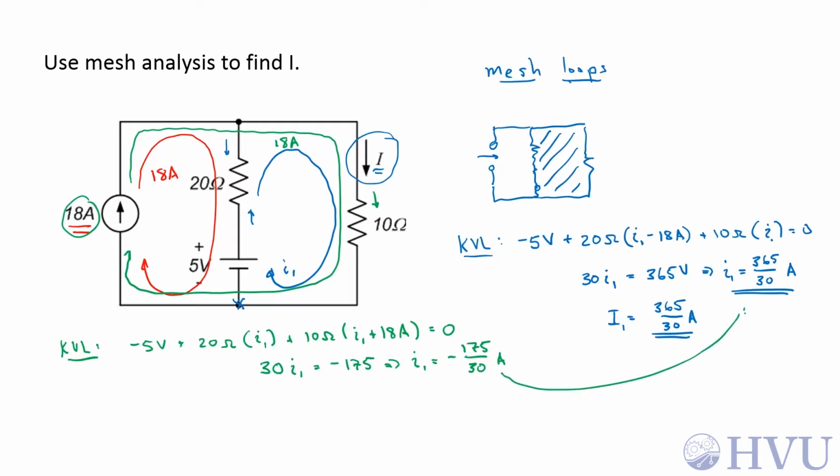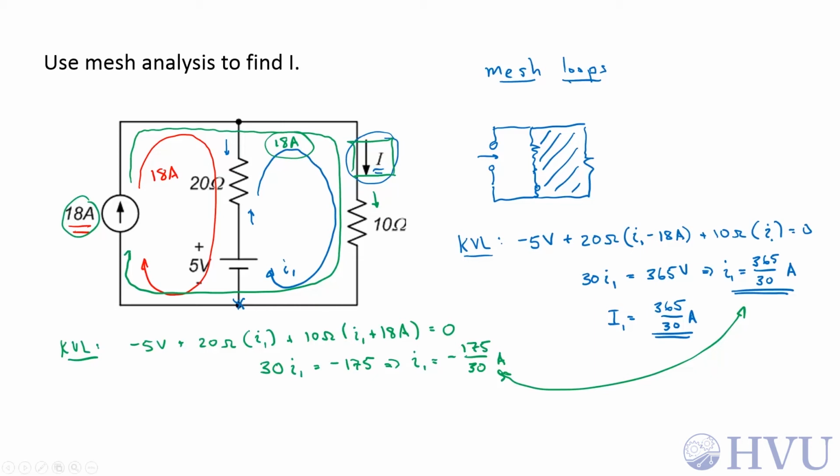I've got a different mesh current than I had before, but the mesh currents are not physical currents in the circuit. In order to get this actual physical current I have to account for all the currents that contribute to that current. So my constrained loop now goes through this 10 ohm resistor.